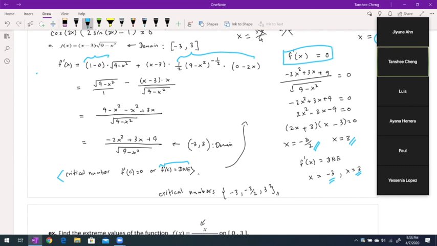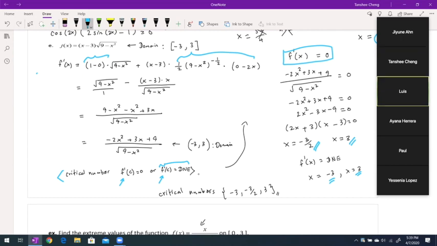So the idea of a critical number, according to the definition, is that the derivative of the function is equal to 0, or the derivative of the function is not defined, right? Does not exist. Are we all okay with this?